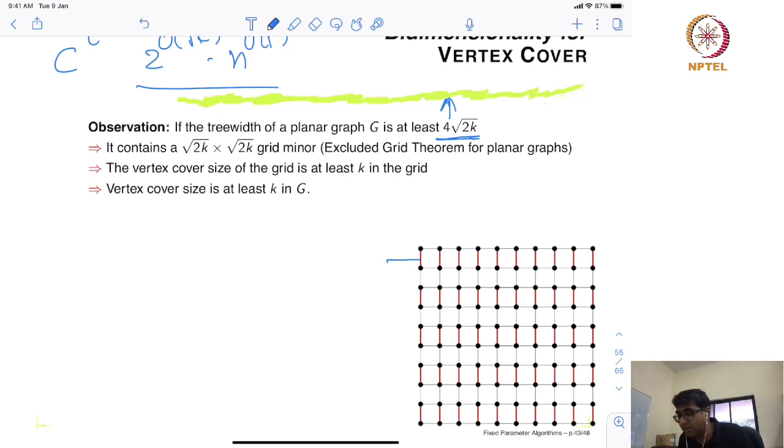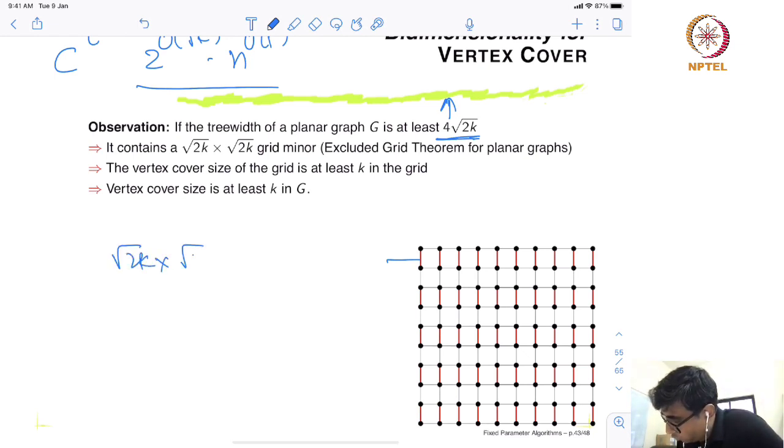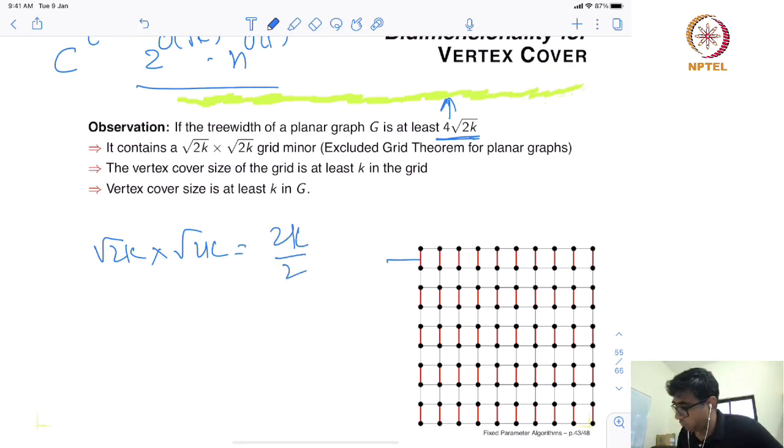Any vertex cover of this grid must contain at least one vertex of each matching edge. So if the number of matching edges is strictly larger than k, then the answer is no. The root 2k times root 2k grid has 2k vertices, and divided by 2 for the matching, that is like k.